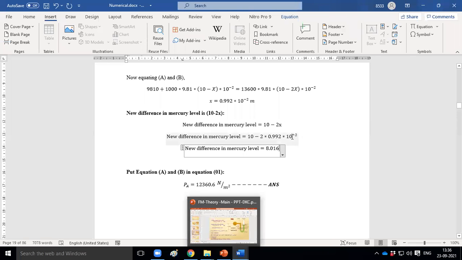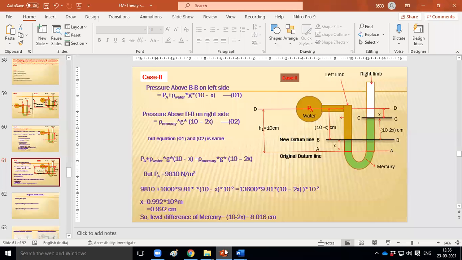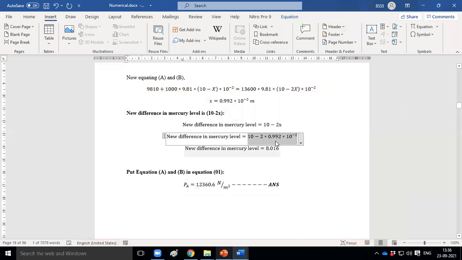Because we already have, in 10 minus 2x, x in meter.